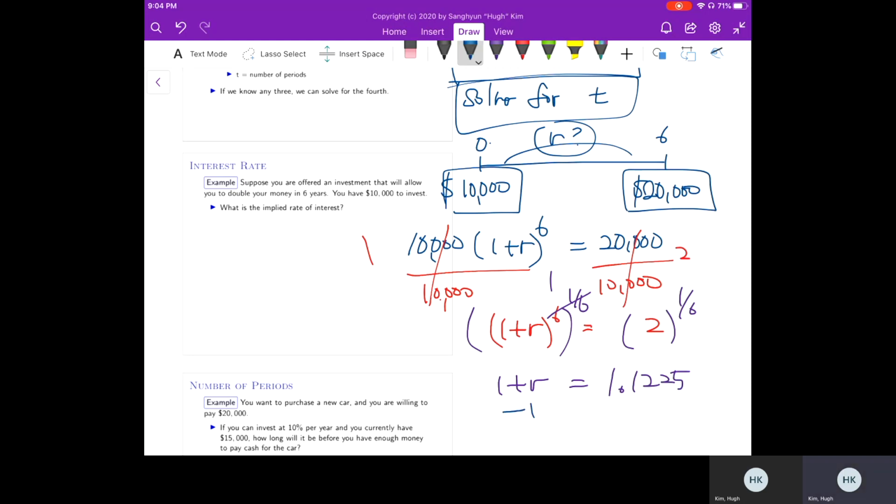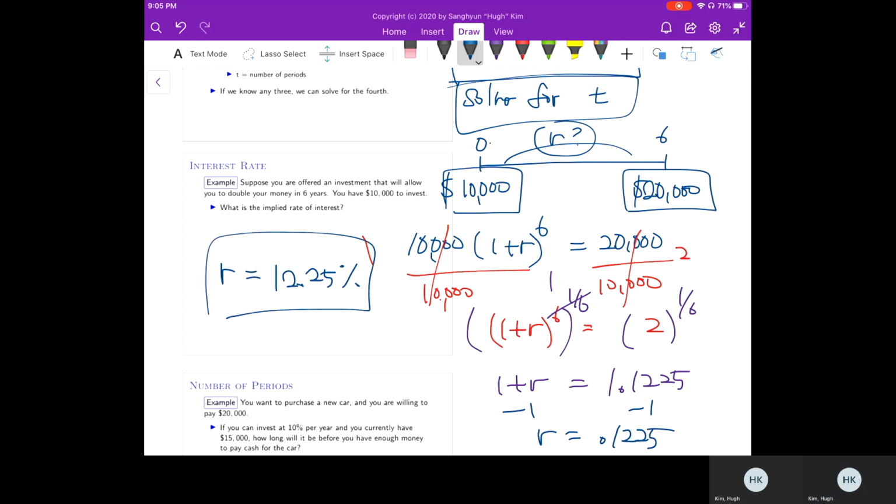We can subtract 1 from both sides to find r is 0.1225. So interest rate r is 12.25%. Okay.